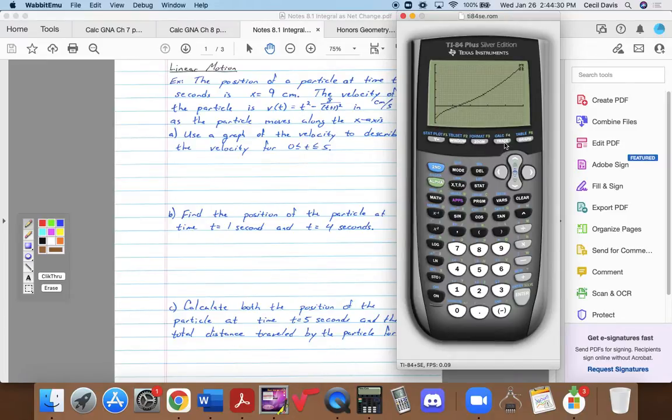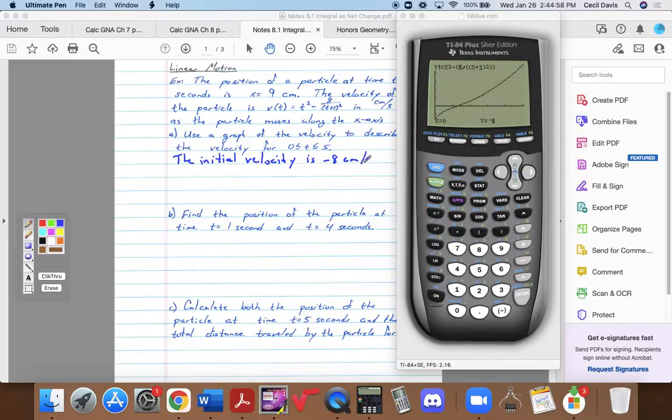So, if we trace this to time 0, we find that the initial velocity is -8, what is that, centimeters per second?